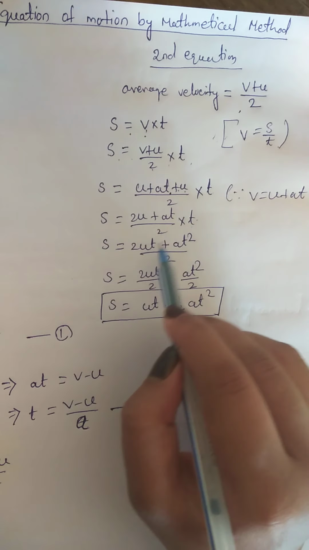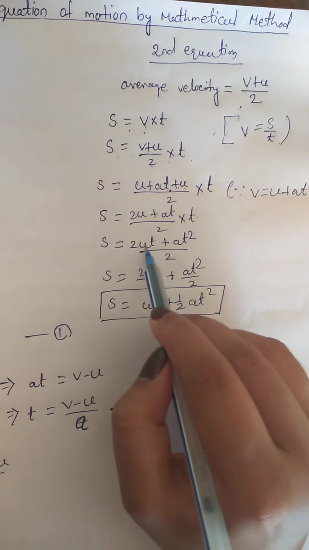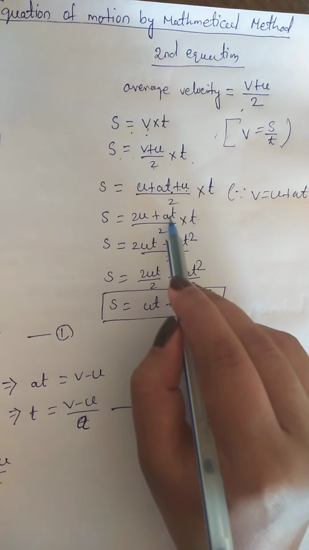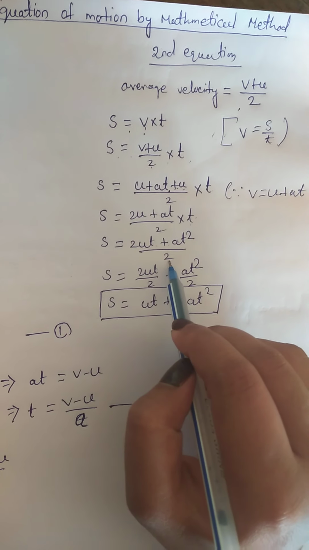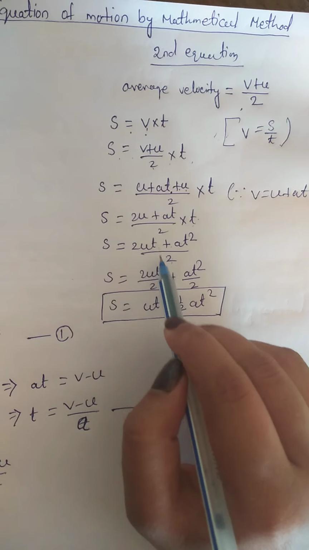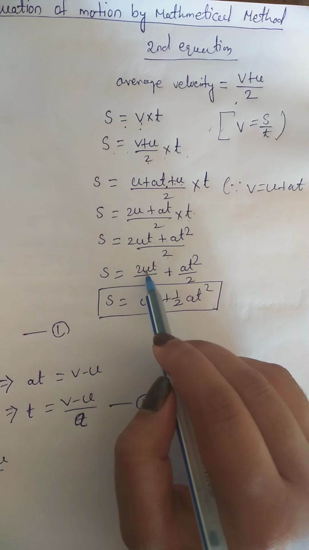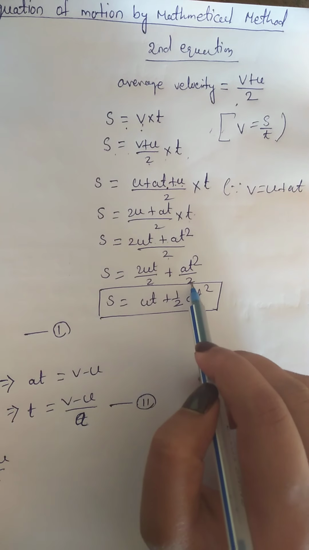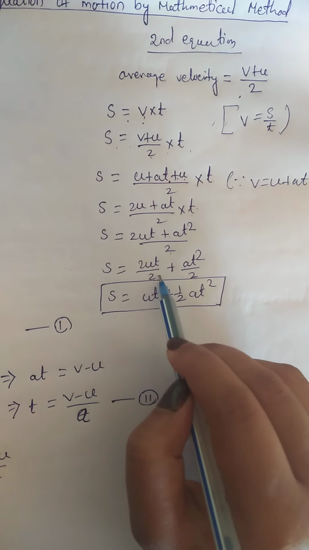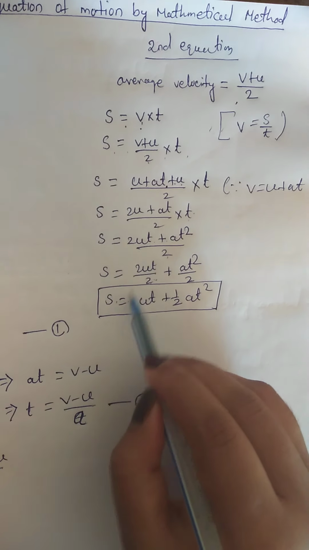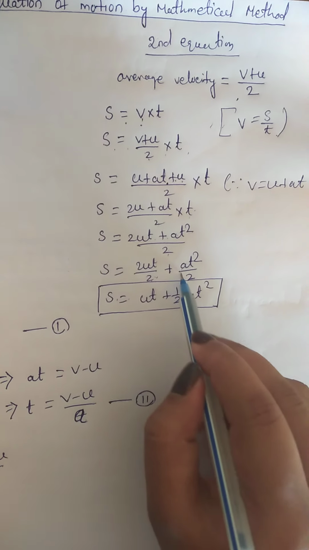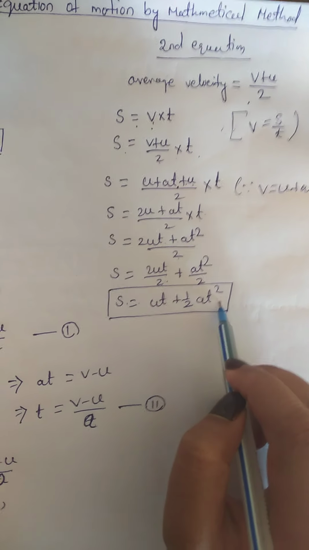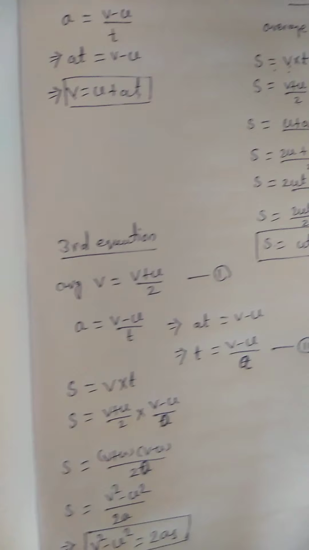Multiplying t with the terms, s = (2ut + at²)/2. Now dividing 2 into each term, we get 2ut/2 + at²/2. The 2 cancels, so s = ut + ½at². This is the second equation of motion.